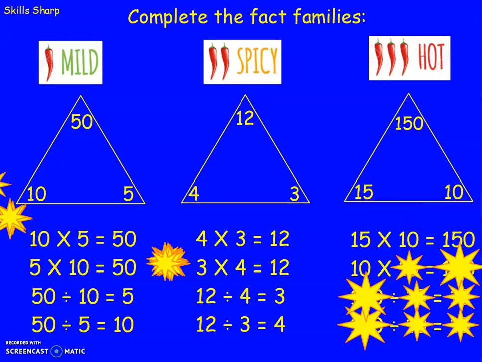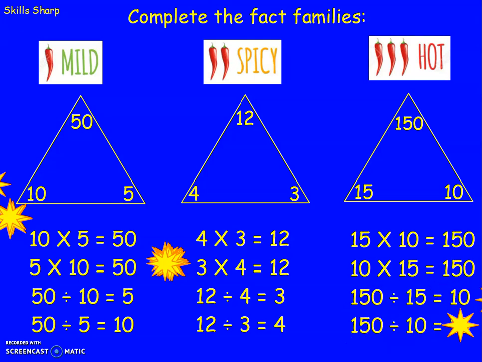We can also write that as 10 times 15 equals 150. And our division sums would be 150 divided by 15 equals 10, or 150 divided by 10 equals 15. Give yourself a tick if you got those right. Well done, Year 4.